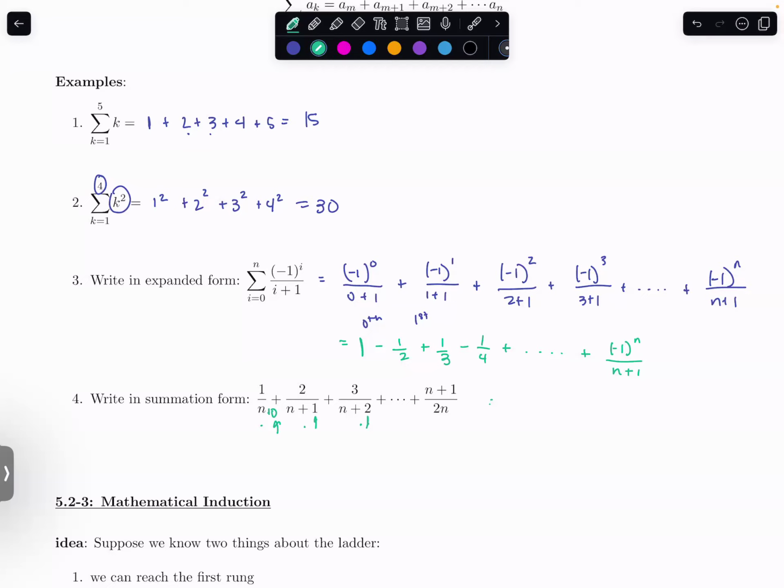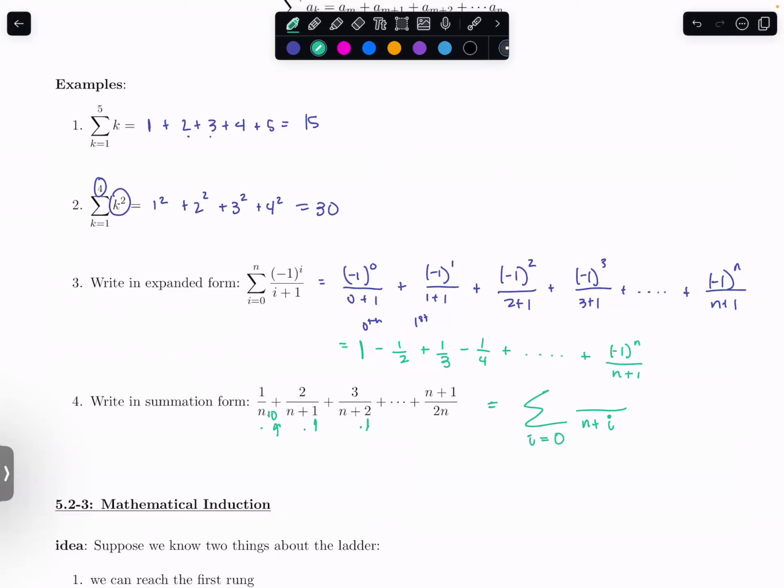So on the bottom of my summation here, I have n plus i, and I'm going to start i at 0. So this is n plus 0, this is n plus 1, n plus 2, and n plus n is what it ends with. So we're going to count all the way up to n.